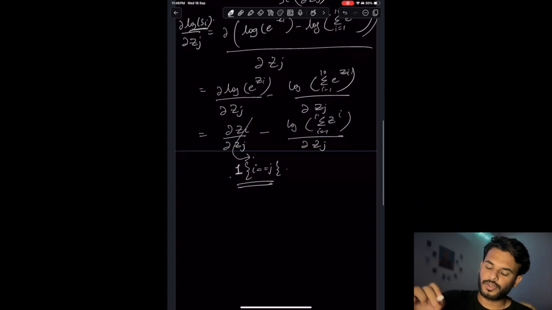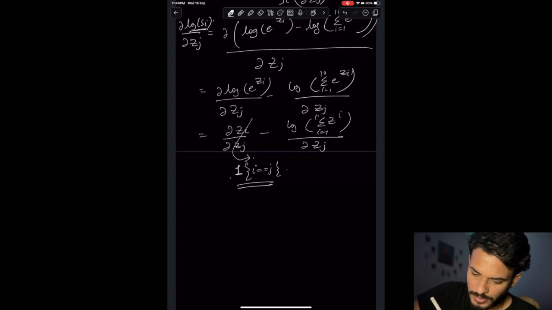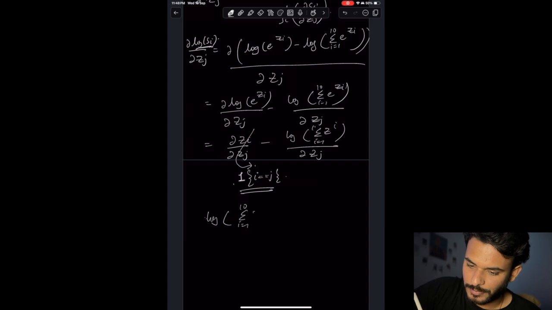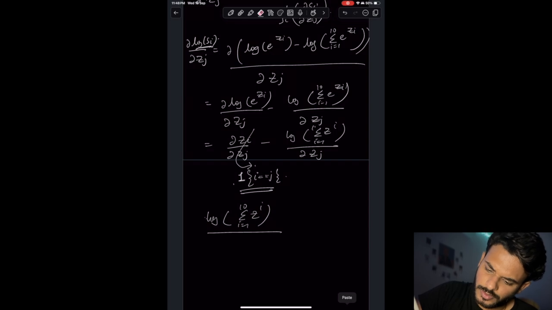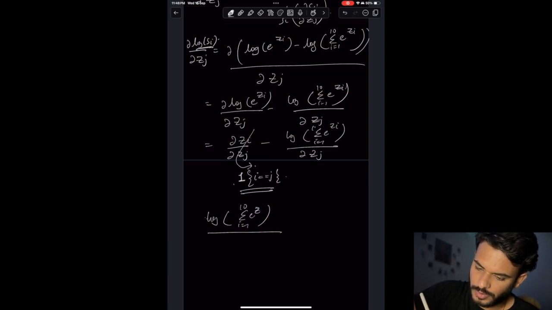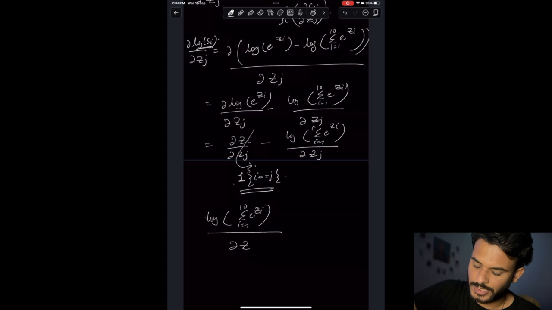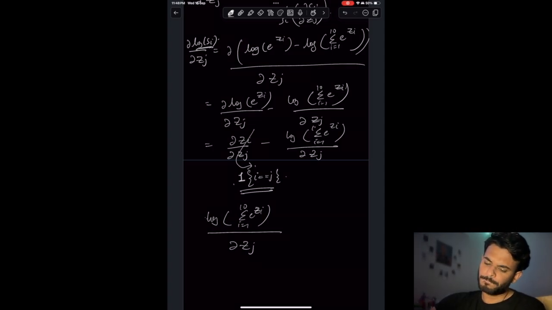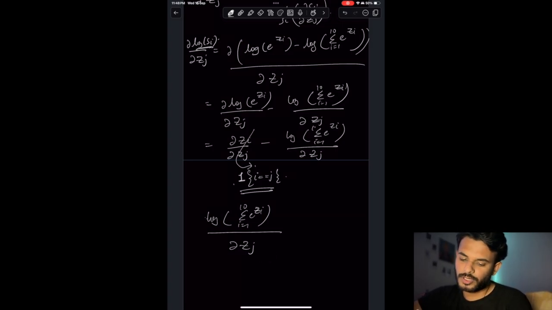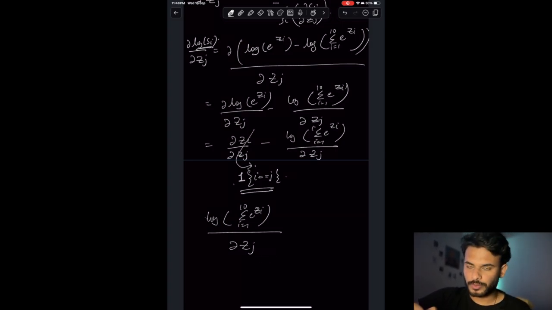Now we are focusing on the other term, which is the log of summation i equals 1 till 10 e raised power zi, differentiated with respect to zj. This is also pretty simple. If you expand it out, all the other terms except zj will turn out to be 0.